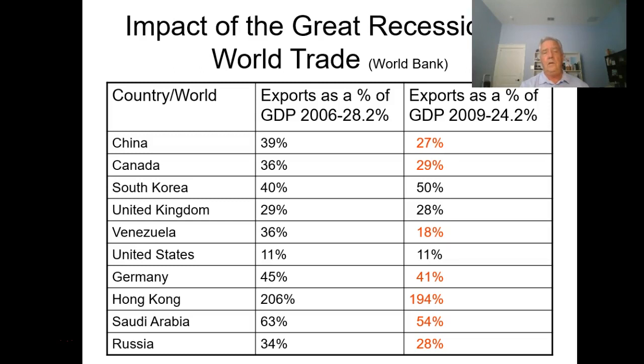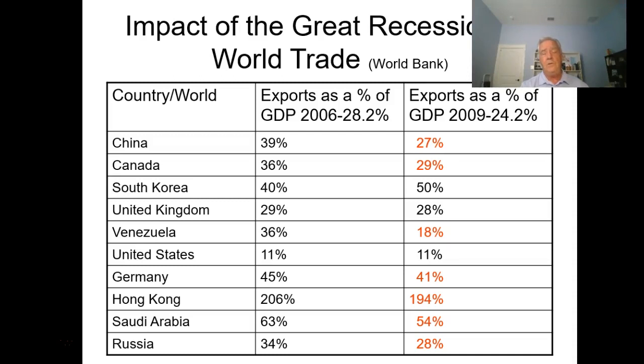And you can look at what happened to China, for instance. They were 39%, they dropped down to 27. Canada was 36, they dropped down to 29. Again, they are big trading partners of the US. And when the US was hit so hard by the Great Recession, we cut back on our purchases overseas. South Korea continued to grow. The UK held about the same. Venezuela dropped significantly.